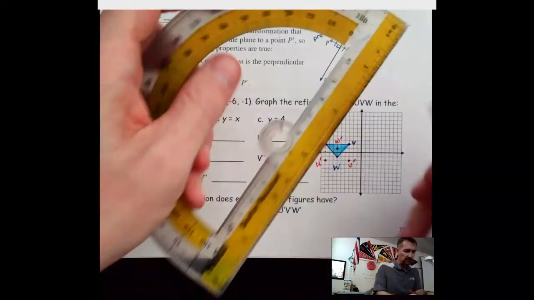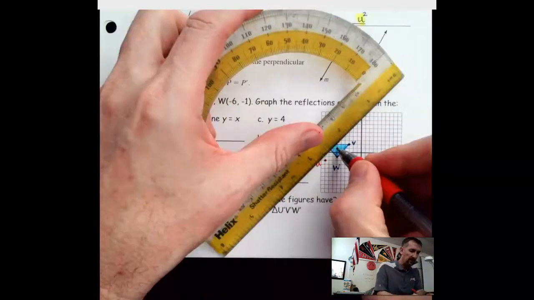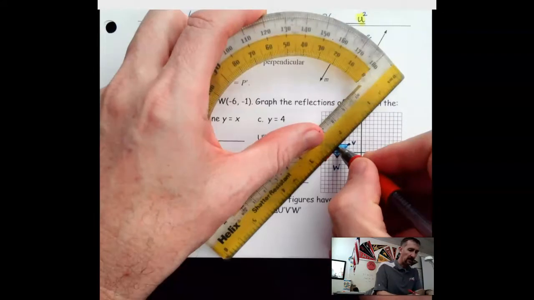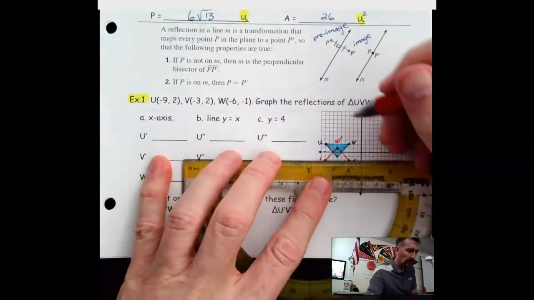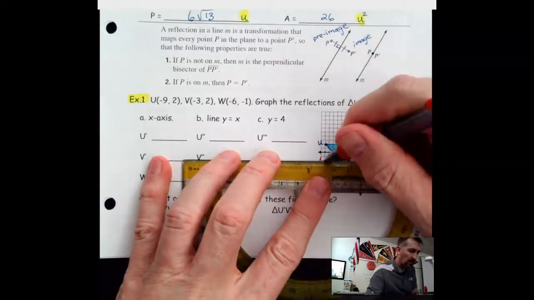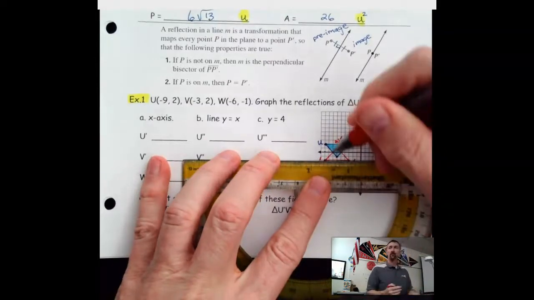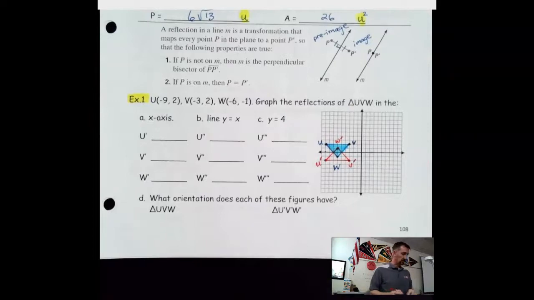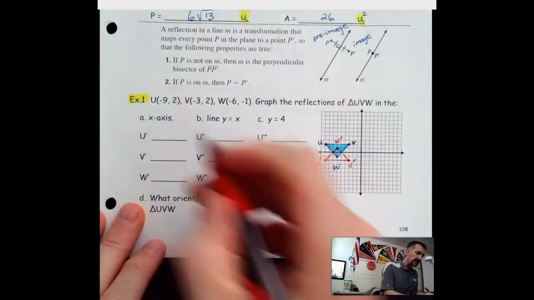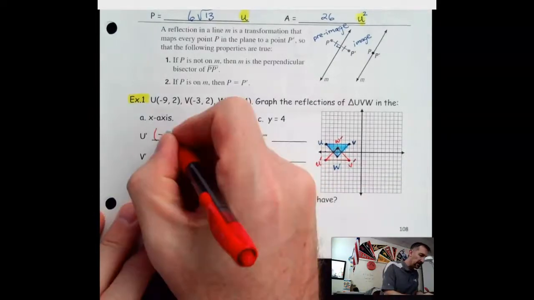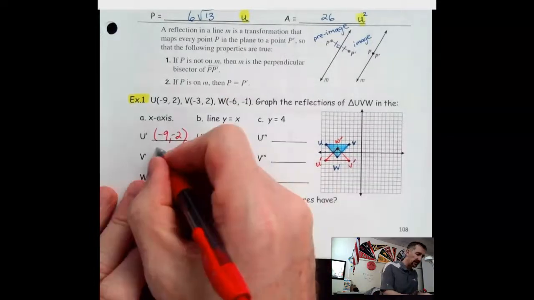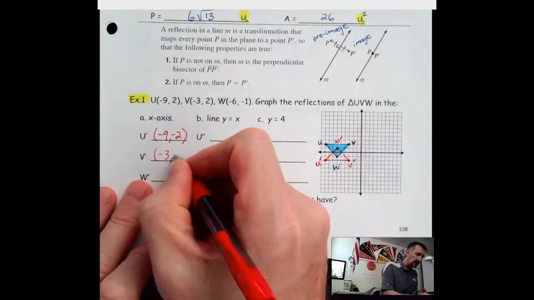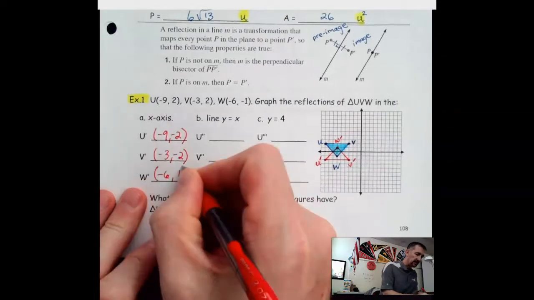So these two triangles overlap a little bit. Alright. Okay, so the coordinates, this is -9, -2, and this is -3, -2, and this is -6, +1.